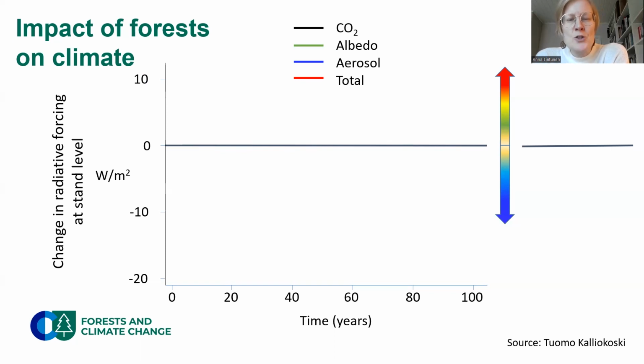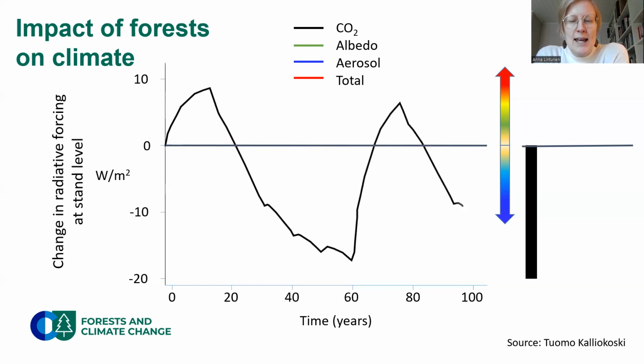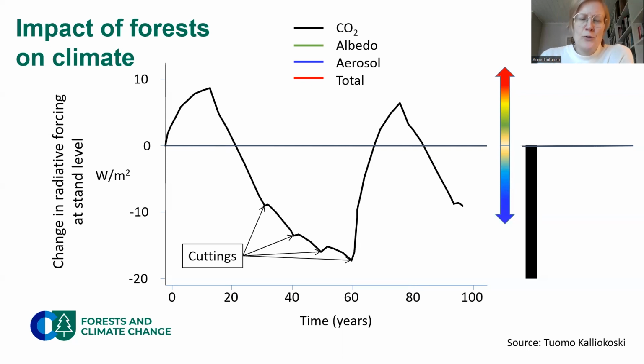Okay, let's first look at the carbon dioxide. So when the forest is young, it is actually emitting more CO2 than it is taking up. So the forest is a CO2 emitter until it grows enough so that it starts to take up more CO2 in photosynthesis than it is releasing in respiration.